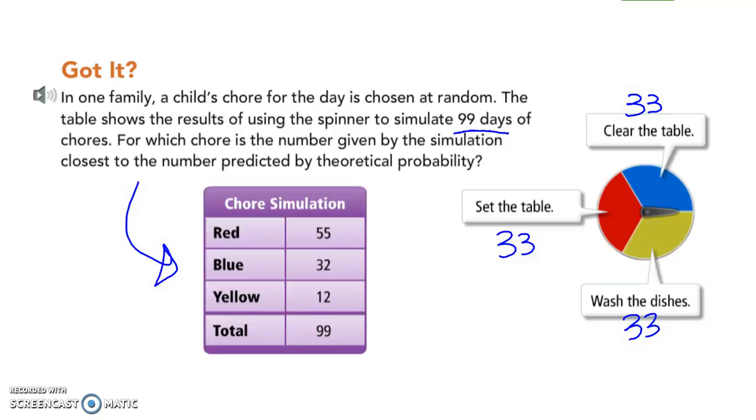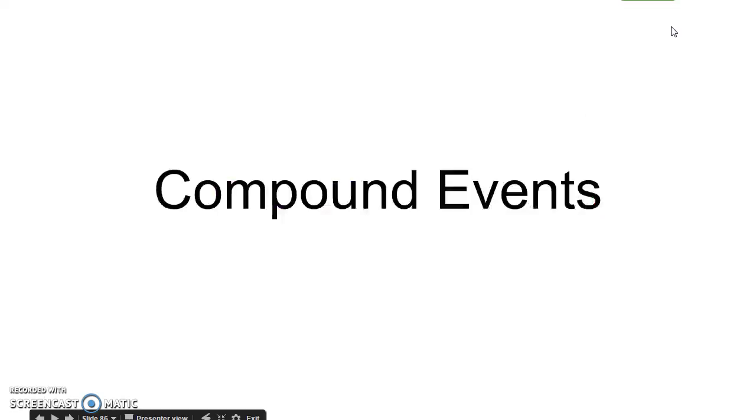Which of those is the closest to what I would expect? Blue, 32 is the closest to 33. The other 2 are further away. So I would say that blue, which is clearing the table, is the chore given by the simulation closest to the number predicted by the theoretical probability.